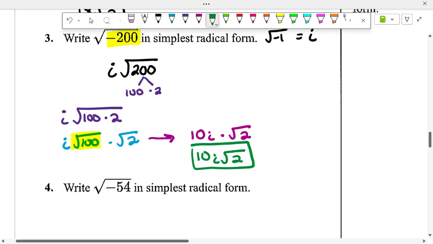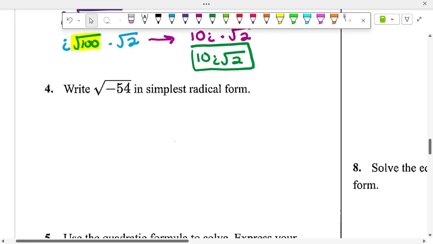All right, so take a minute. Try number 4 on your own. So start by dividing it by perfect squares. See which one you get that's the biggest.